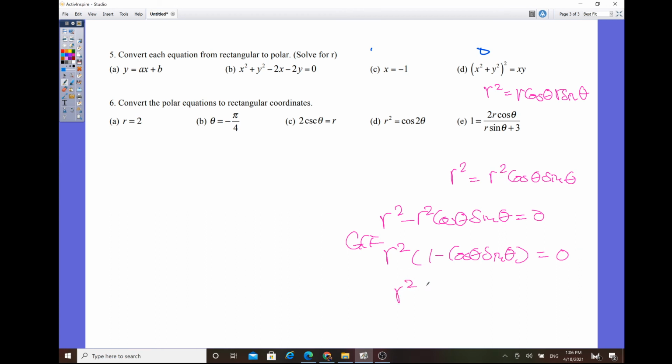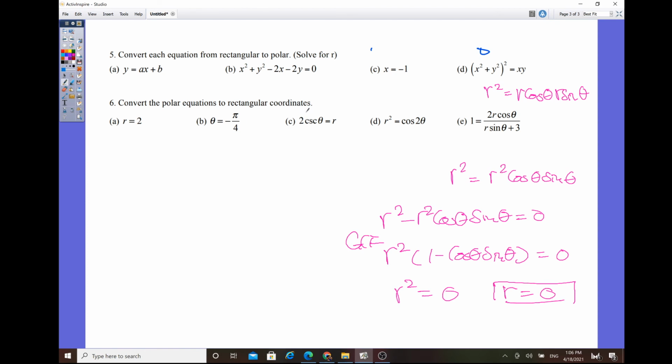So r squared equals 0 divided by, well, basically this one is showing that r squared equals 0. So using that property, so let's see, factoring. This one, r squared, because we want to solve for r squared. Okay, so that means 0. So r equals 0. So regardless of what happened over here.